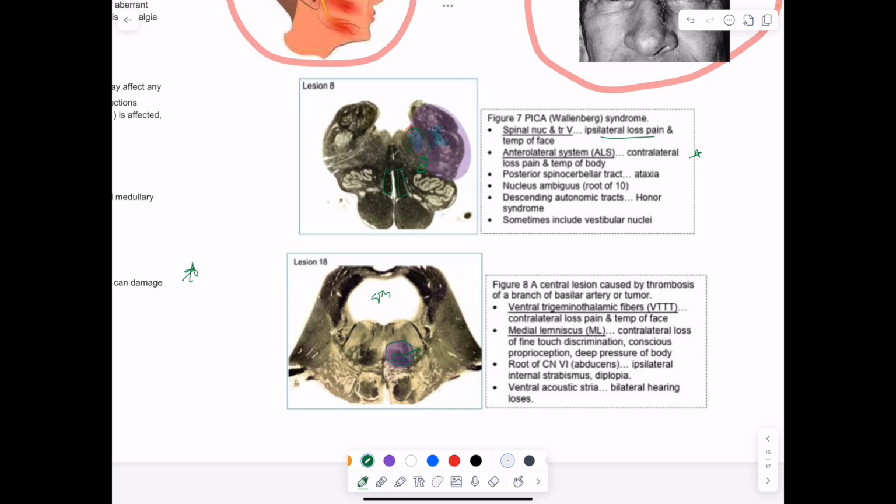You have ALS going right here, and you've got VTT and ML, so this is going to be bad for all of our guys. So contralateral loss for the medial lemniscus, because if we're here, we're past the 3 amigos, and then we know with ALS, it might be a little bit more lateral, so we'll be fine.